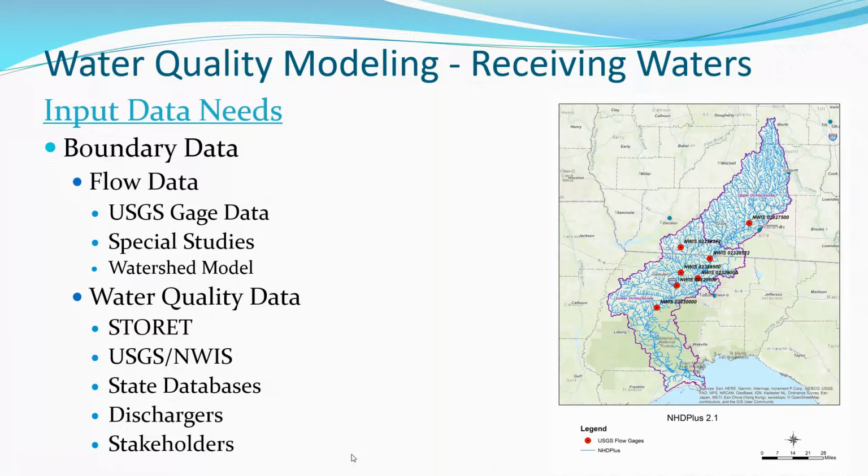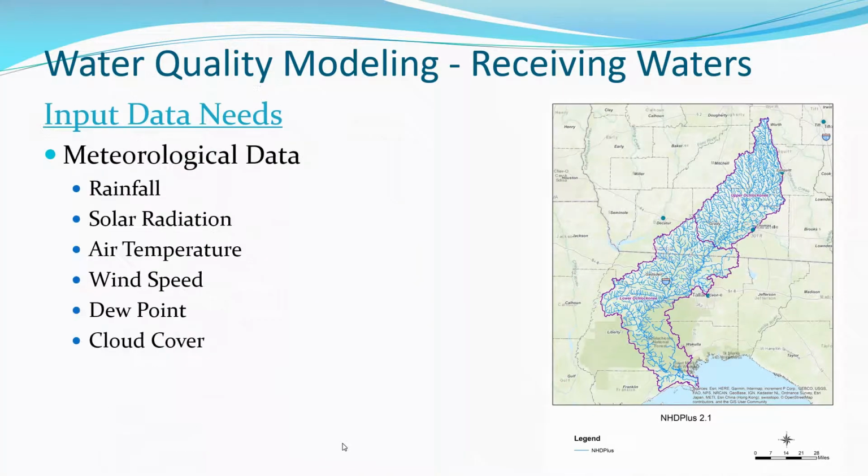That could be used to help parameterize a model, as well as stakeholder or third-party data collection within a watershed. It's critical to survey the kind of boundary data that you have before you select a modeling approach or a model to use for water quality.